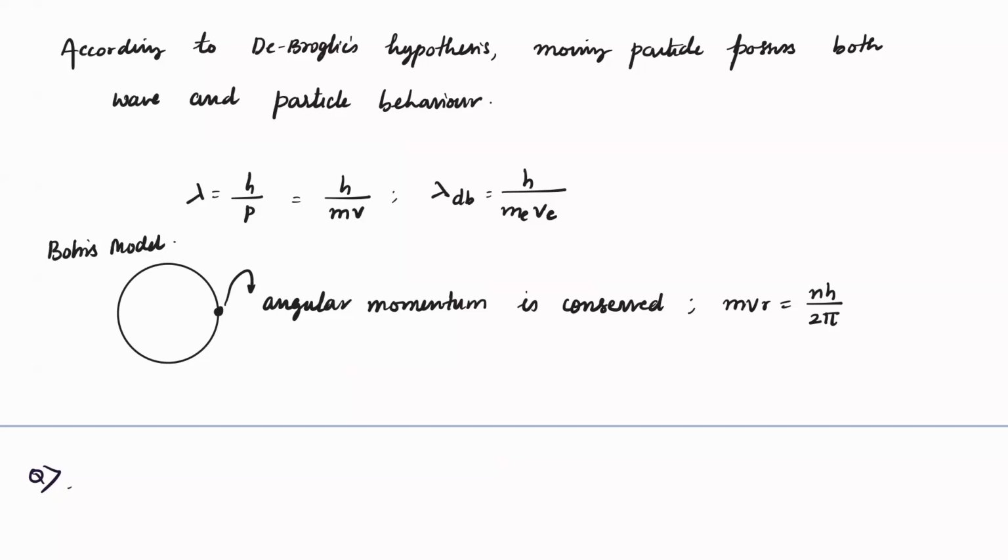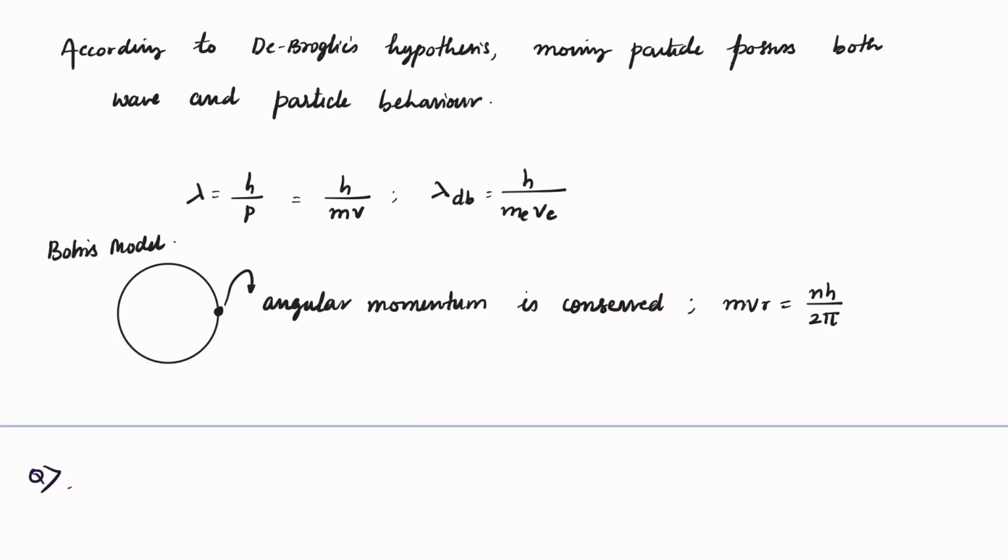Last time we discussed de Broglie's hypothesis, which suggests that a particle can always show both wave and particle behavior. Any rigid body can show both particle behavior as well as wave behavior, but microscopic particles have better application of de Broglie's hypothesis.